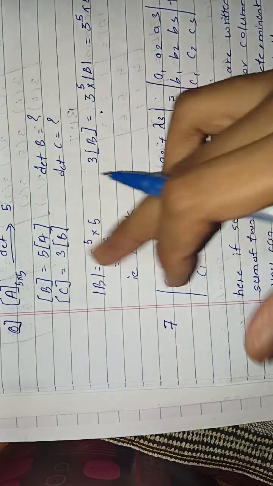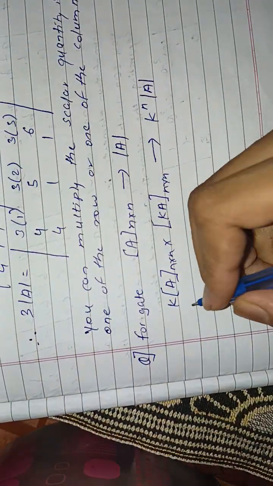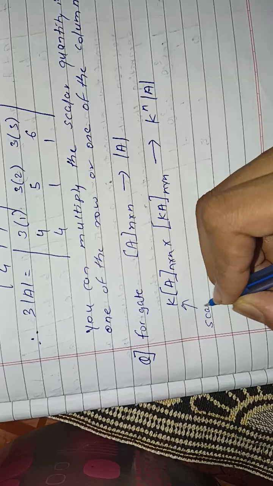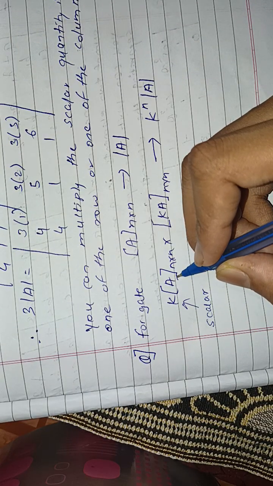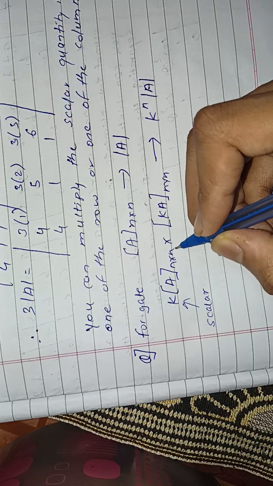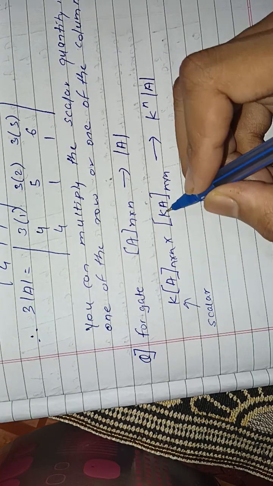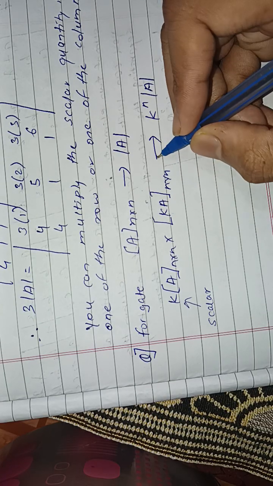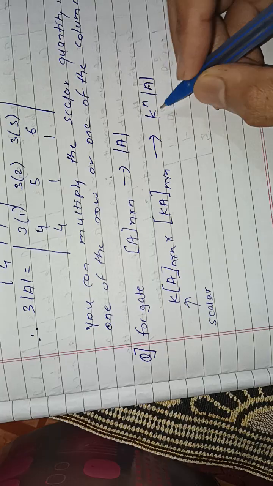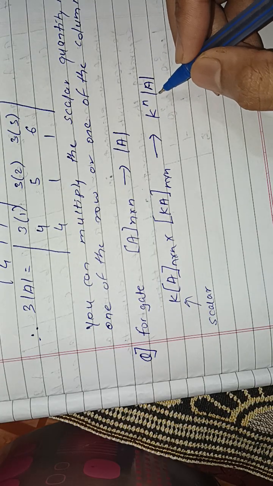For this there is a formula, that is, if you want to multiply a scalar quantity k to a matrix A which is n cross n, a square matrix, the determinant of k into A is equal to k raised to n into the determinant value.